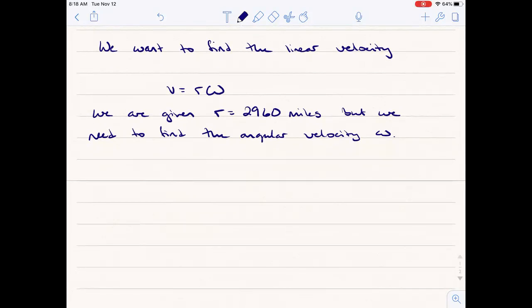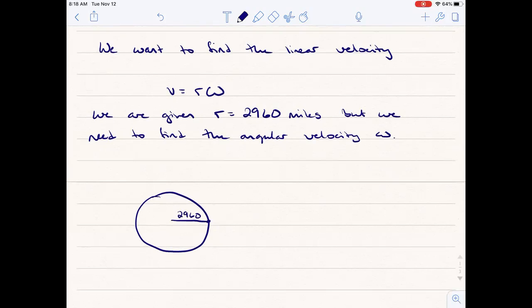If we think about a circle with a radius of 2960, we know the distance around a circle, any circle, in terms of radians is 2 pi.